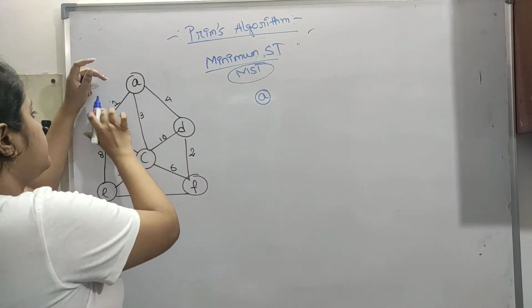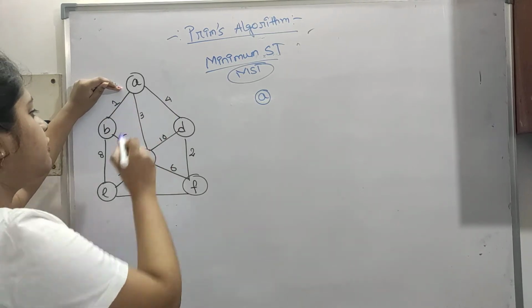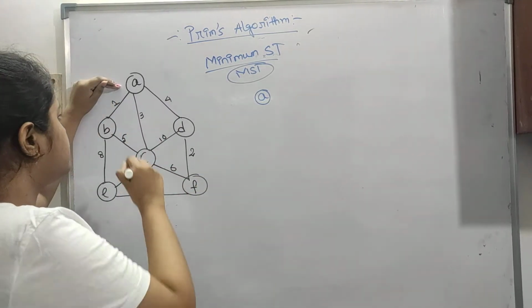So A is chosen, and A is put here. Now from A there are three edge weights: 1, 3 and 4. So the minimum is 1.